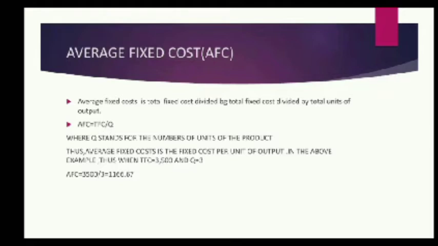Thus, average fixed cost is the fixed cost per unit of output. In the above example, when total fixed cost is 3,500 and Q is 3, AFC is 3,500 divided by 3, which equals 1,166.67 pesos.